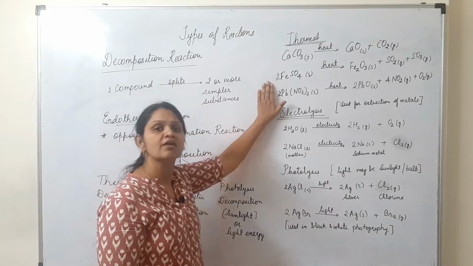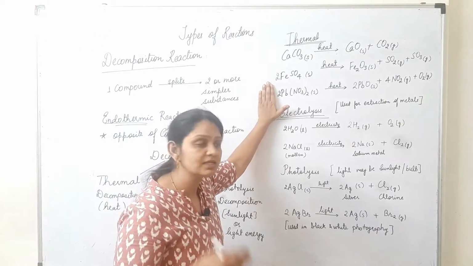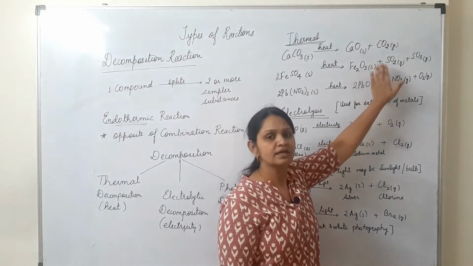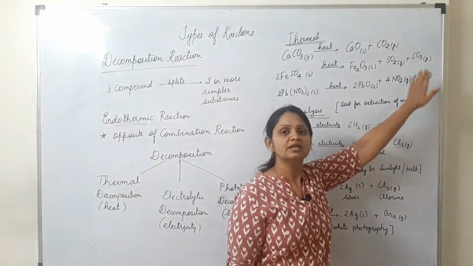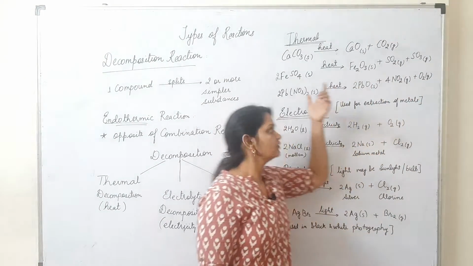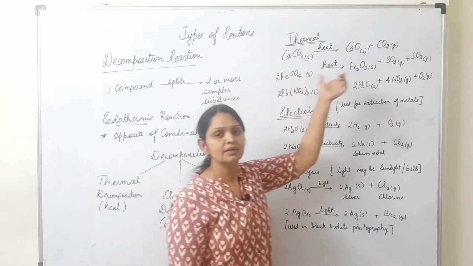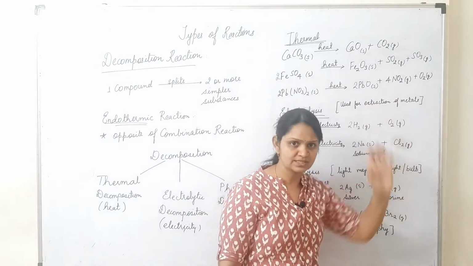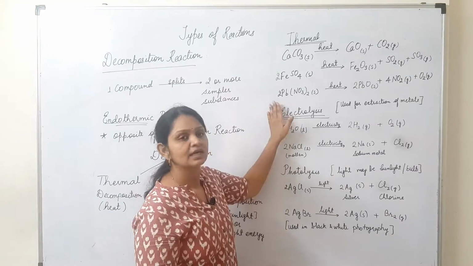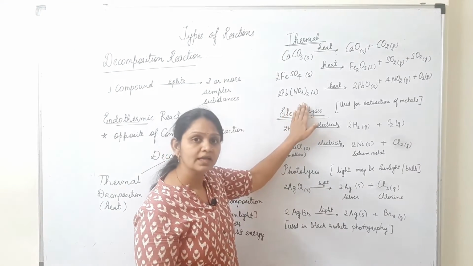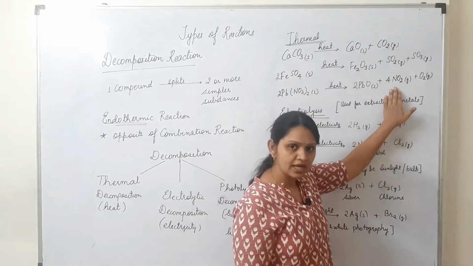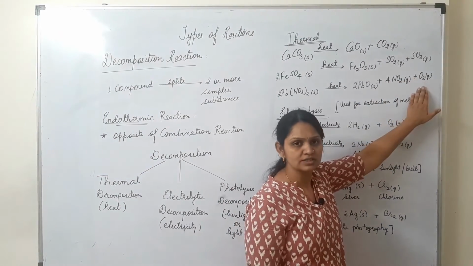Another example is ferrous sulfate. When ferrous sulfate is heated, it forms ferric oxide, sulfur dioxide and sulfur trioxide. One compound splits up into simpler substances. Another example is lead nitrate, which on heating gives lead oxide, nitrogen dioxide and oxygen.